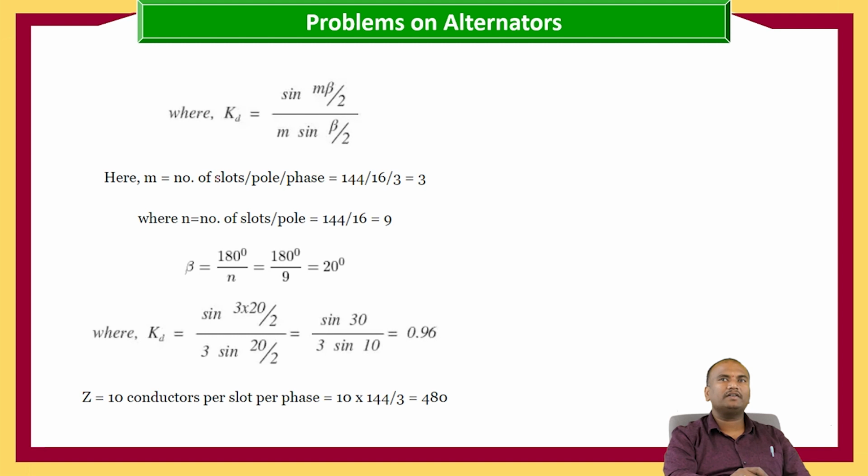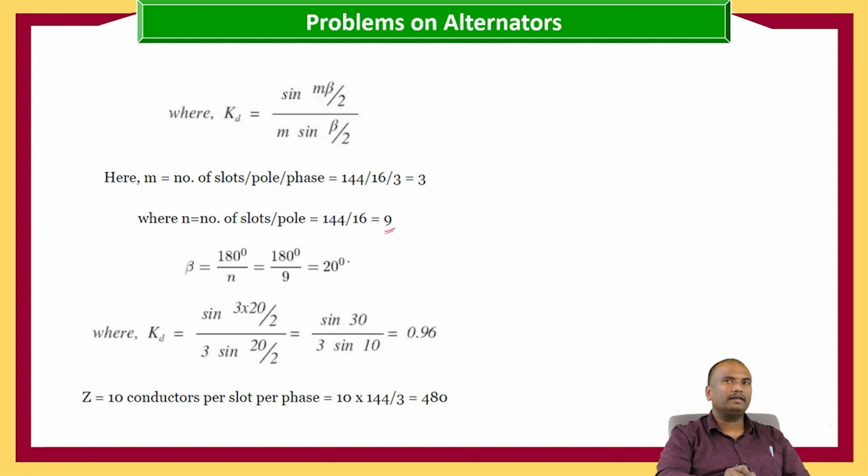The number of slots is 144, per pole, that is 16 poles, divided by per phase, and since it is a 3-phase machine, it is equal to 3, where n is number of slots per pole, that is 144 by 16, which is equal to 9. So beta is equal to 180 by n, which is equal to 180 by 9, which is equal to 20 degrees. Now this is the beta value.